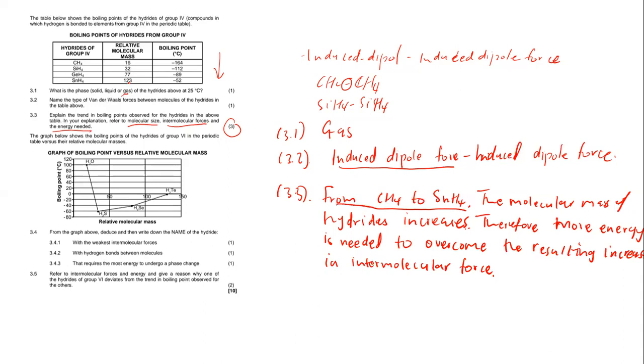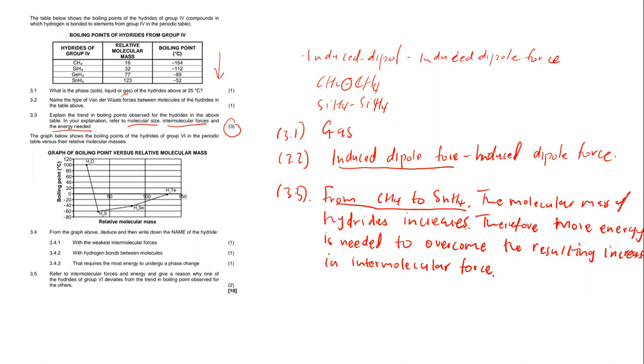The strength of intermolecular forces increases because we need more energy to overcome that strength of intermolecular force of these hydrides as we move down the table. So hence I'm saying the molecular mass of hydrides increases, and therefore more energy is needed to overcome the resulting increase in intermolecular force. This increase in intermolecular force was caused by the increase in relative molecular mass.